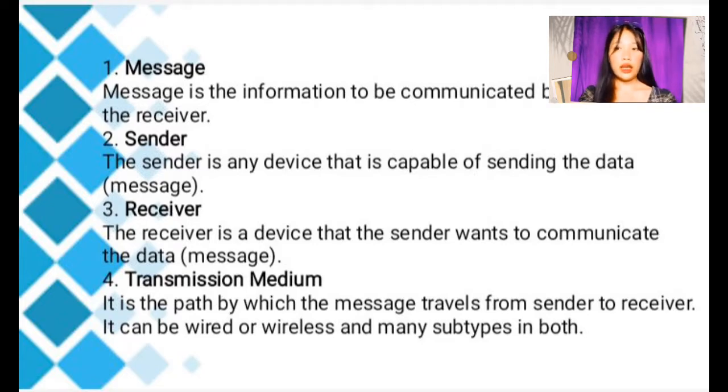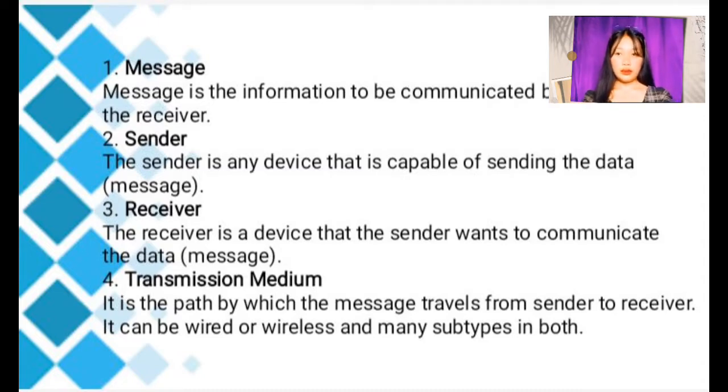The sender is any device that is capable of sending the data message. Sender can also be referred to as the communicator, source, or transmitter of the data. Also po, the sender creates the data by thinking of an idea that he or she would like the receiver to understand.